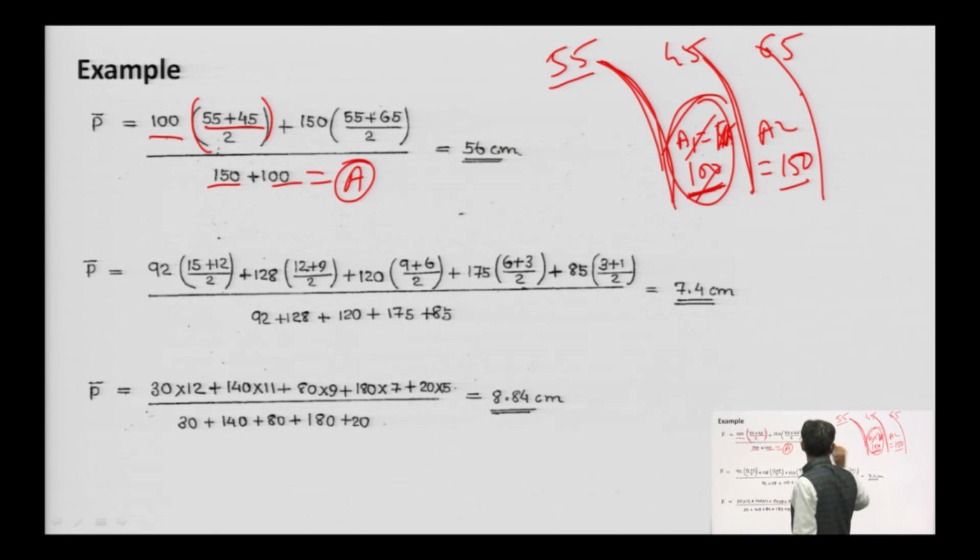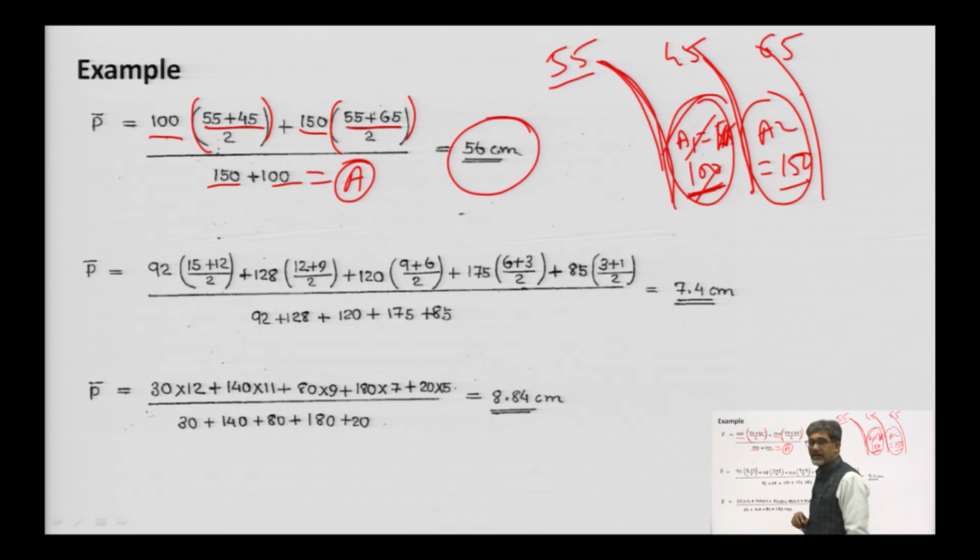Similarly, for area A2, 150, and the mean precipitation 55 plus 65 divided by 2. So, that comes to be 56. So, 56 centimeter is the rainfall which can be taken as the representative for the entire area, A1 and A2.